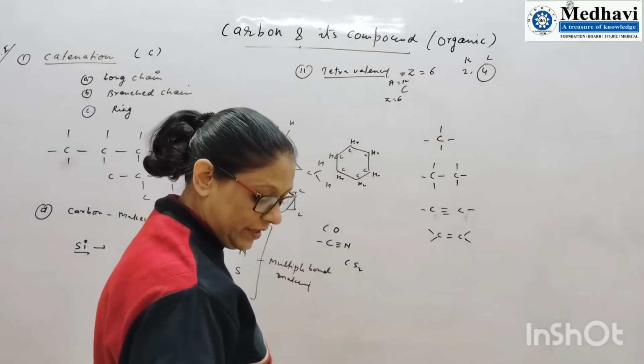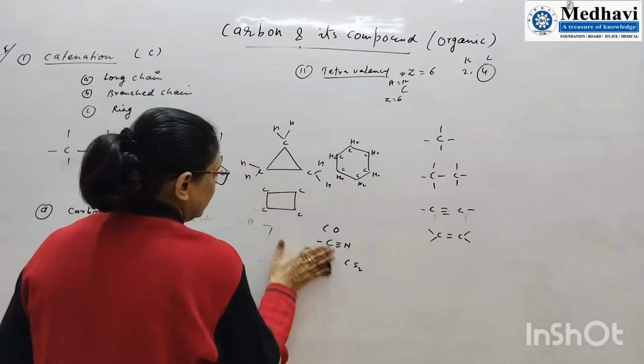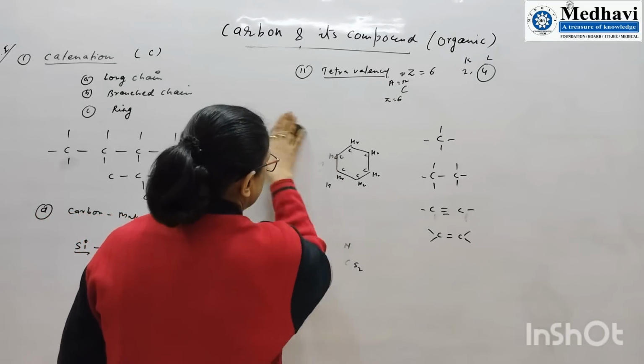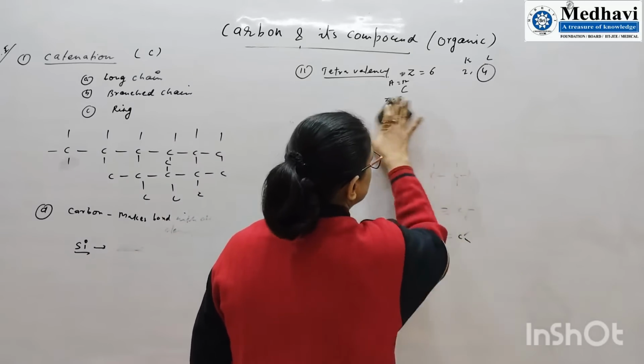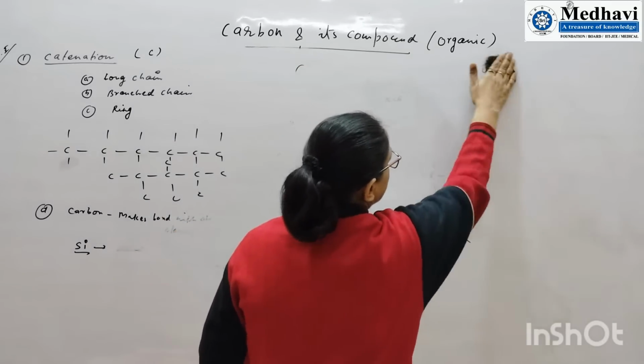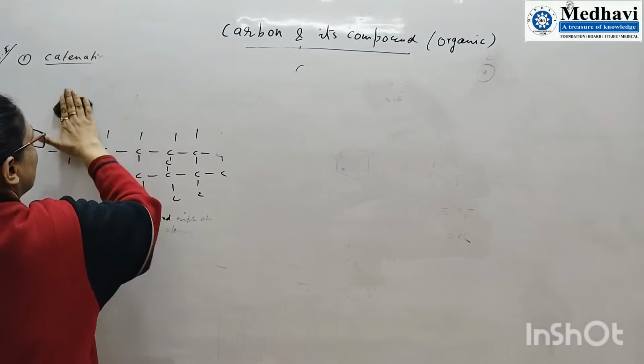So these are the 2 important properties of carbon, the versatile nature of carbon. First is catenation, where carbon can make branches, long chains, and rings. Then second is tetravalency, that its maximum bond is 4.